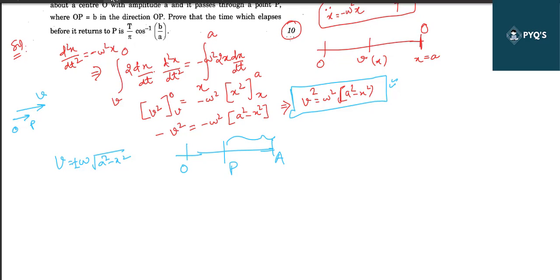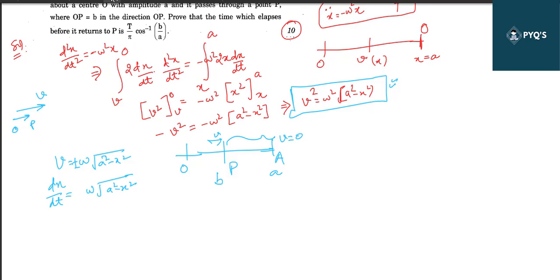So let us calculate from B to A. Here v equals 0 and here v equals v. So dx by dt equals omega root of A square minus x square.